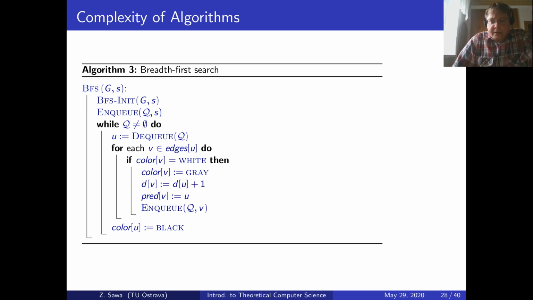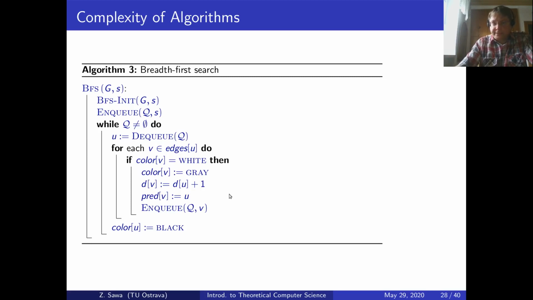And if we would like now to analyze the time complexity of this algorithm, we can note that each node starts as white, or node S starts as gray, and it can become gray and then black, but whenever it's put into the queue, it's never put into the queue once again.